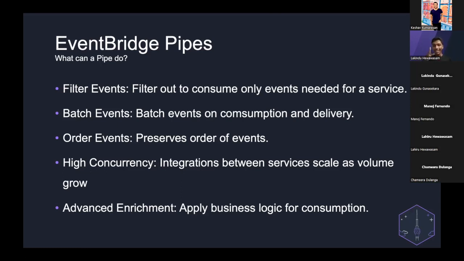So you can add an interceptor, the enrichment phase. You can query a DynamoDB table or communicate with an external API, get the data, and return the payload that you want. EventBridge Pipes will automatically return that enriched data to your consumer. That's pretty interesting, and that's essentially what pipes are in general.